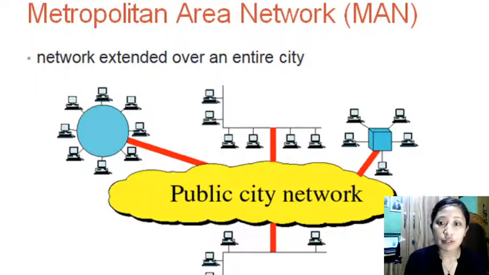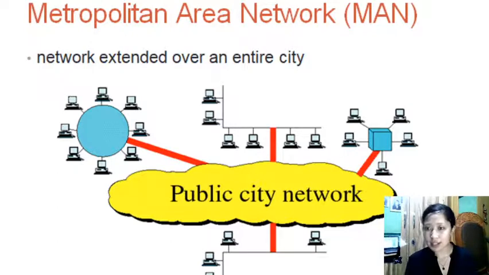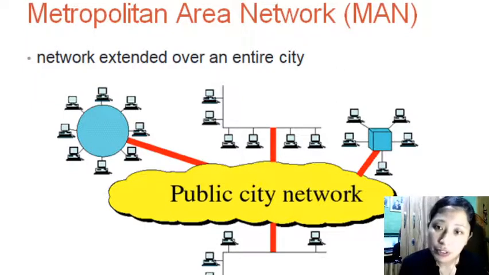So that type of network is called metropolitan area network. If you want to get a broadband connection by BSNL or by some other provider, then that comes under metropolitan area network. So the owner of a metropolitan area network can be some private user, or a group of users, or it can be government.